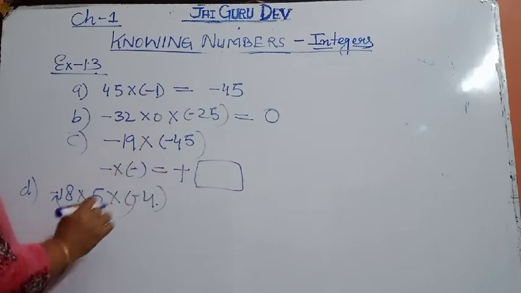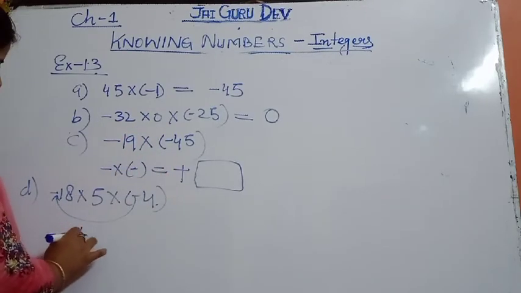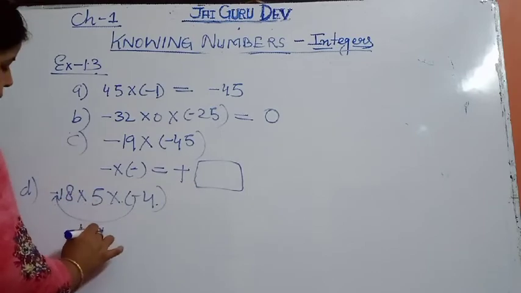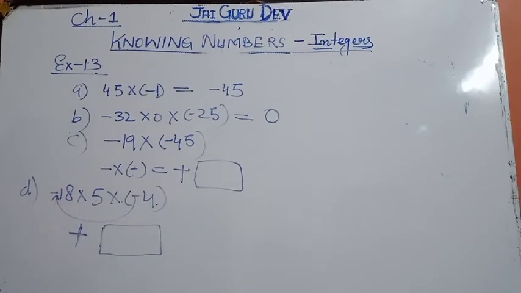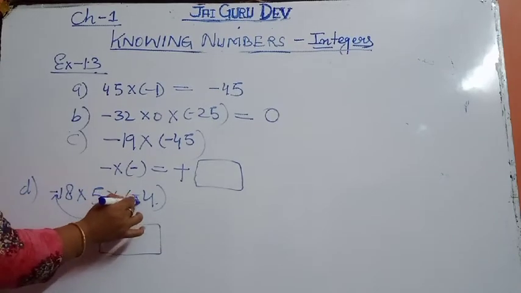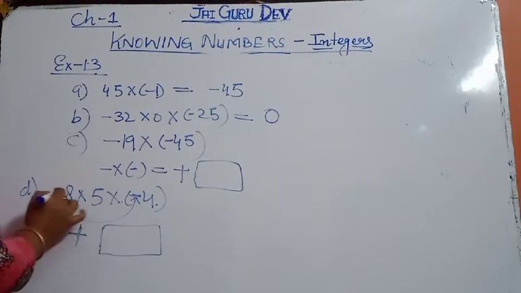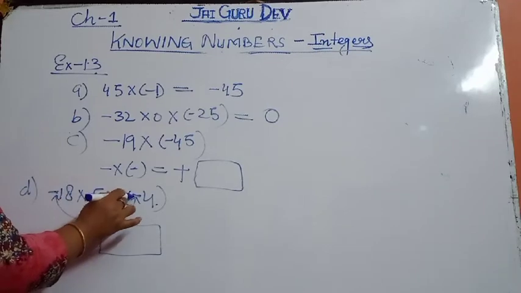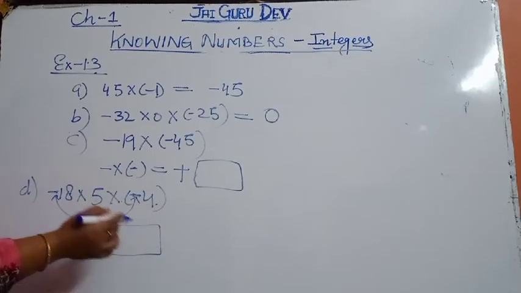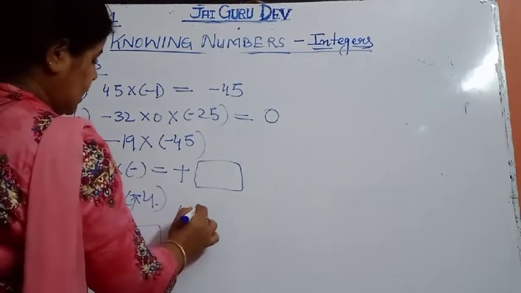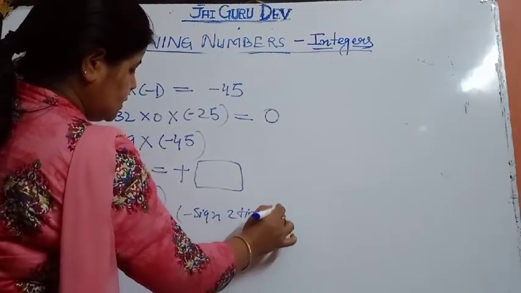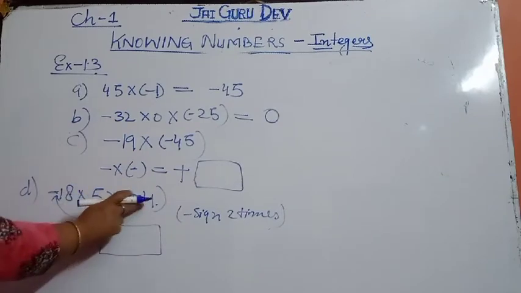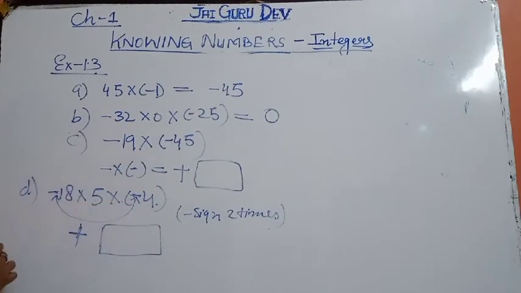For an even number, a positive result will come. Now multiply the numbers and write your answer. It is simple, nothing more. Maybe everybody understands.